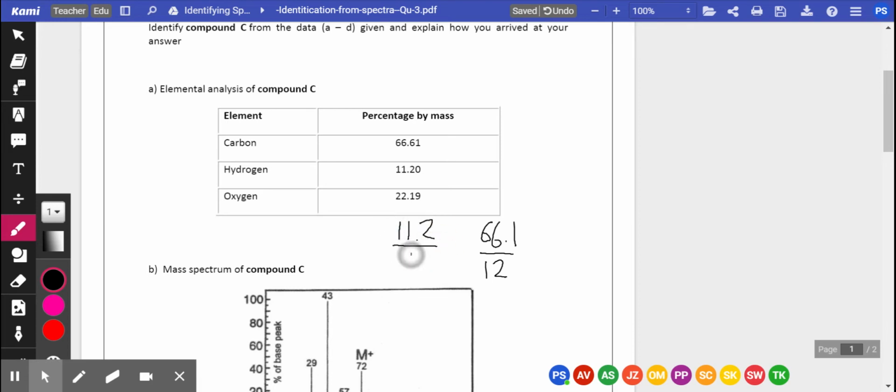So 12 for carbon, 1 for hydrogen, and 16 for oxygen. Now, of course, I've rounded it up. You could use more decimal points.